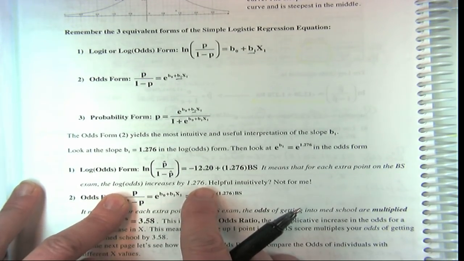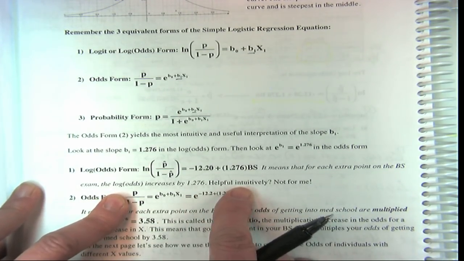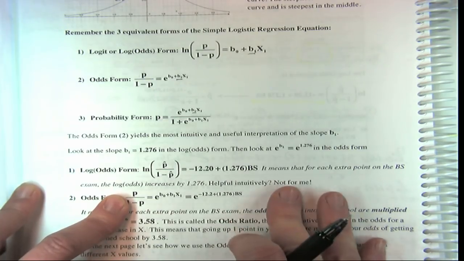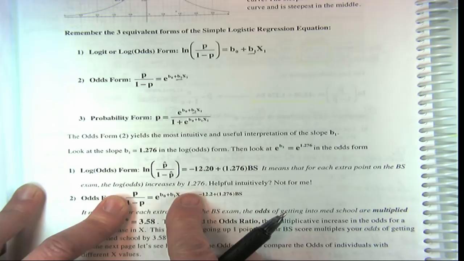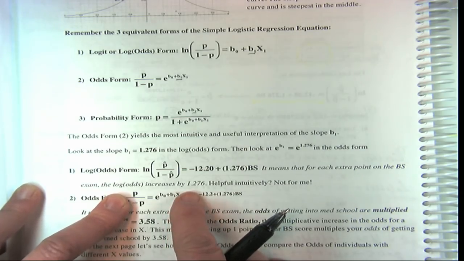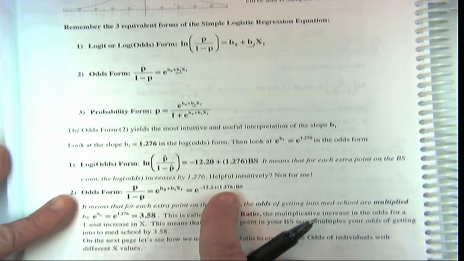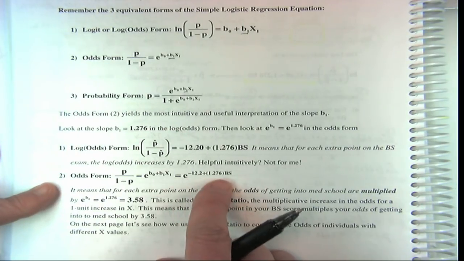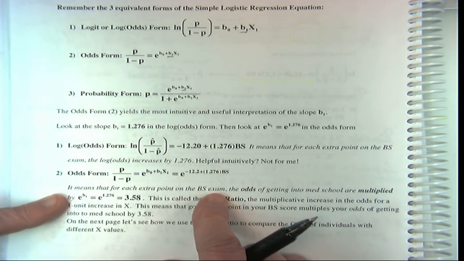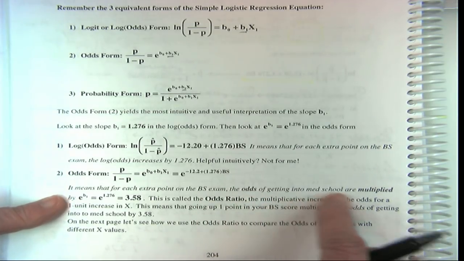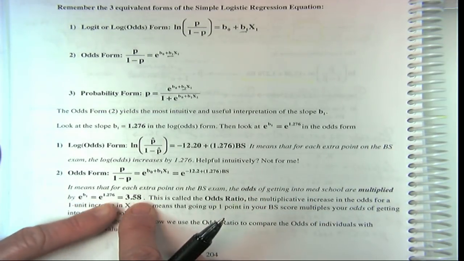That's not usually helpful to most, certainly not to me, but even to most people, it's not very helpful intuitively to have an increase in the log odds. This is much more helpful, for me at least. It means that for each extra point on the biological science exam, the odds of getting into med school are multiplied by this e to the slope right here.